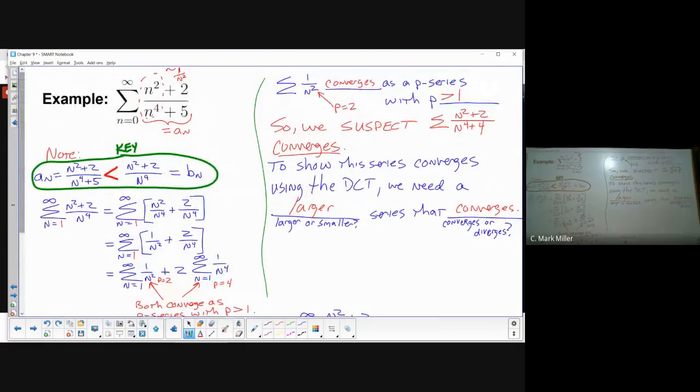What's the pattern? You've got to come up at the beginning with a hunch of whether you think that converges or diverges. And to do that, you look carefully at the orders of magnitude of the numerator and denominator. You see down here, you have n to the fourth, top is n squared. That means those two are going to behave about like 1 over n squared.